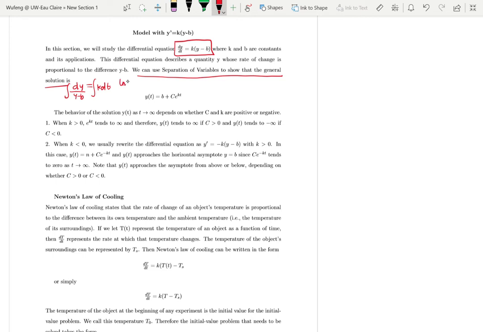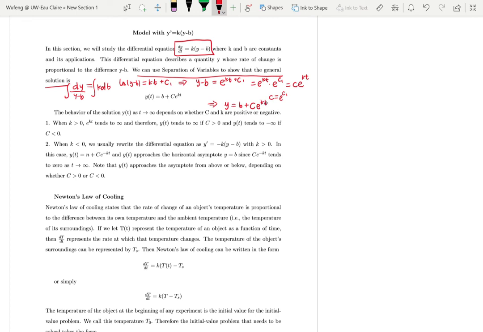You get ln of y minus b equals kt plus c1. So you can solve that as y minus b equals e to the kt plus c1, which is e to the kt times e to the c1, which is another constant. You can use c, and c equals e to the c1 because they are constants. So then you solve that, and you easily get y equals b plus c times e to the kt.